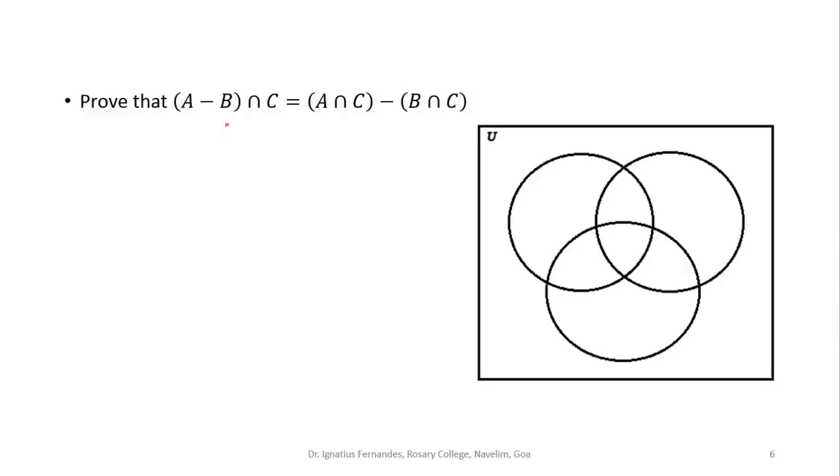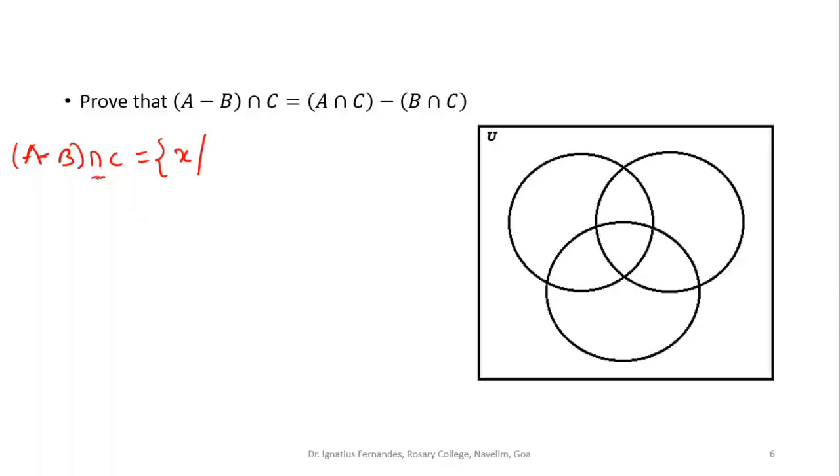Okay, so I'll start with the left hand side and I'll show that it is equal to the right hand side, or in a way we are showing that the left hand side set is a subset of the right hand side and the right hand side set is a subset of the left hand side. So we'll start with (A minus B) intersection C. By definition, what is this set? It is a collection of all the elements.